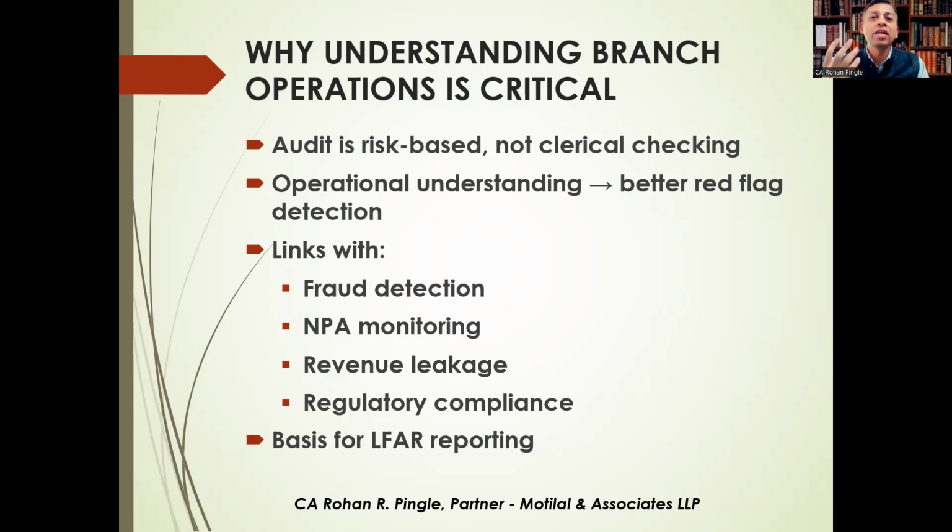You cannot identify income leakages. You cannot challenge management explanations. So concurrent audit requires what? Process knowledge, system flow understanding, risk awareness, and RBI compliance familiarity. Understanding branch operations converts you from a checker into a risk professional.